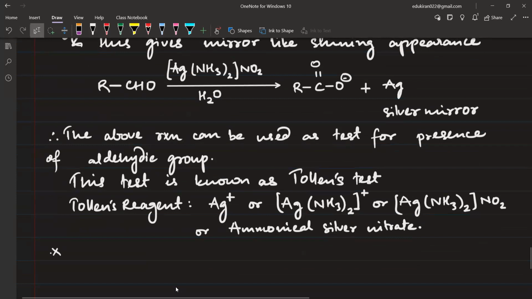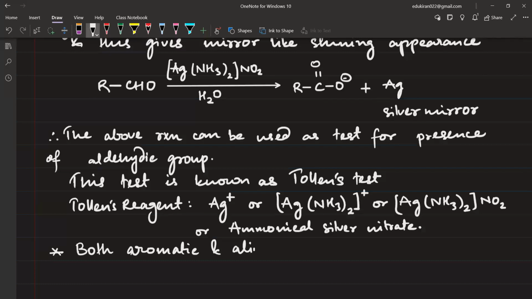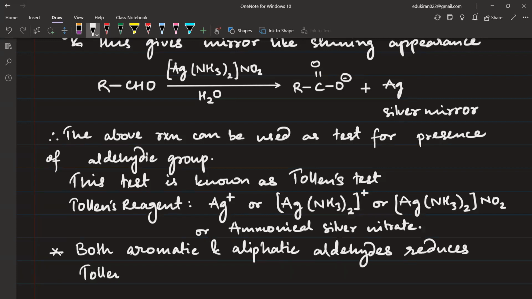You will write the next point. Both aromatic and aliphatic aldehydes reduce Tollens reagent. Ag plus is getting reduced, converted to Ag.